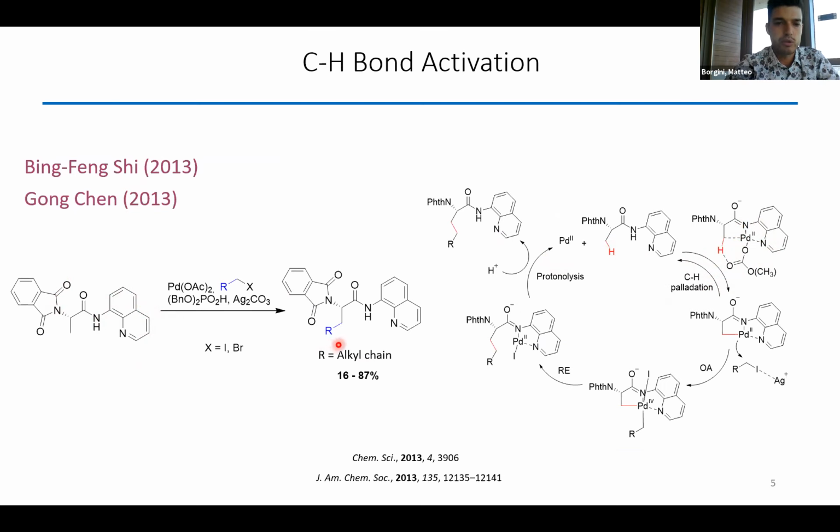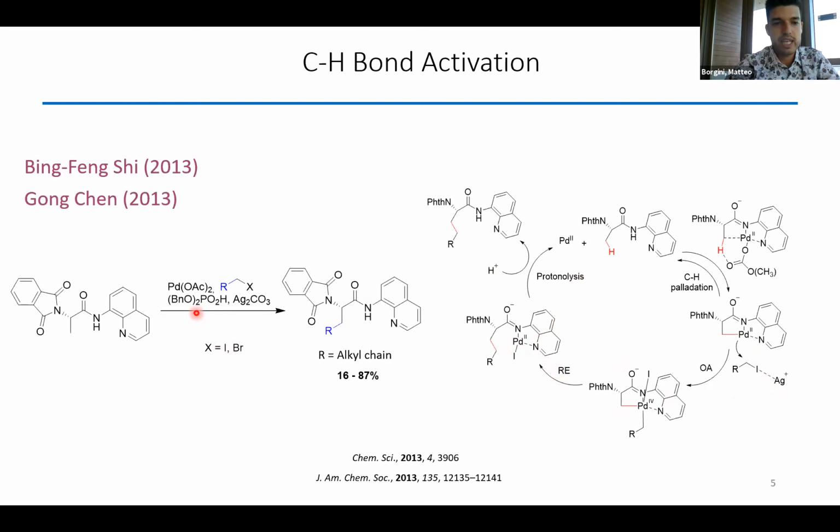They reported being able to introduce different alkyl chains using alkyl halides, usually iodides as well as bromides. The silver carbonate is supposed to promote the SN2 reaction at this step, to enhance the reductive elimination, and also to get rid of the iodide in order to regenerate the palladium catalyst.